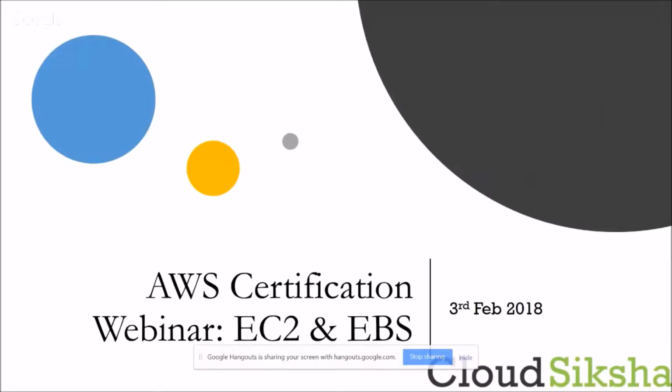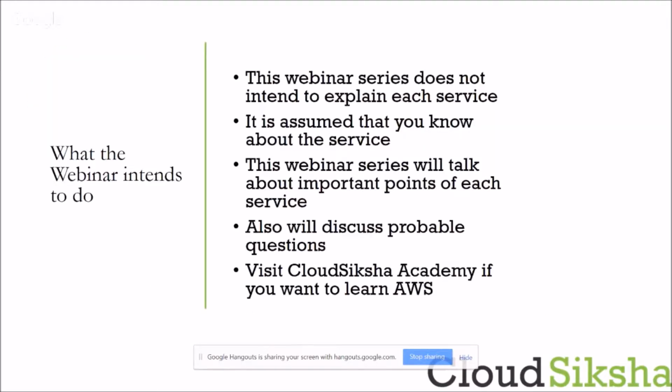We have the AWS certification webinar for EC2 and EBS. As I told you earlier, this is the intent of the webinar. The webinar series is not intended to explain each service to you. It is assumed that you know about the service.